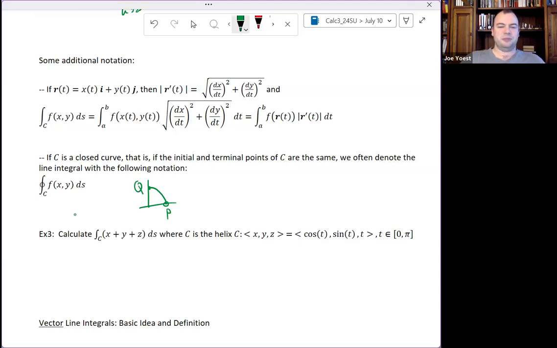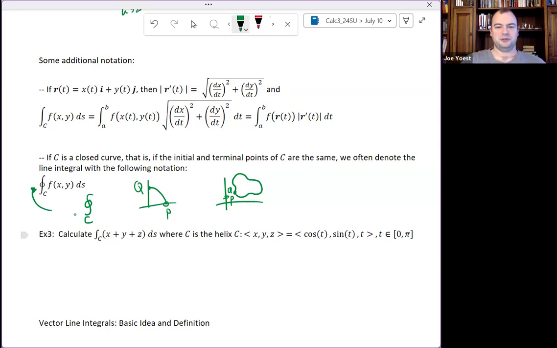But we could have chosen to integrate over a closed curve, in other words, where the initial point and the terminal point are the same point. And you'll often see the notation of an integral sign with a circle, indicating that the curve we're integrating over is a closed curve.